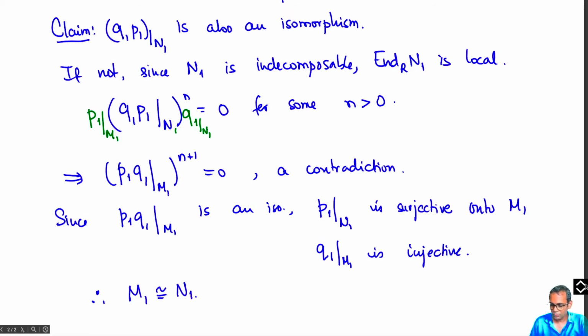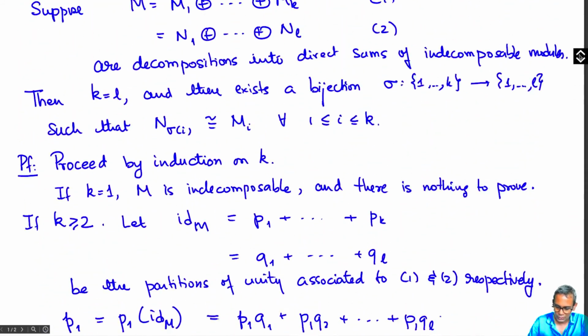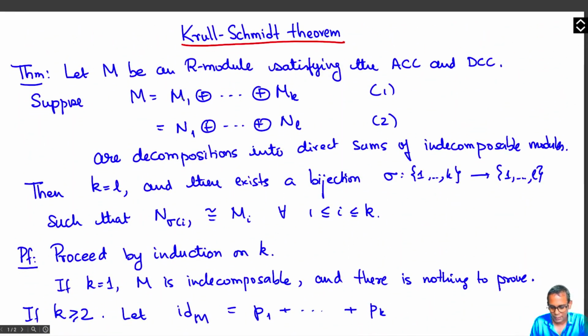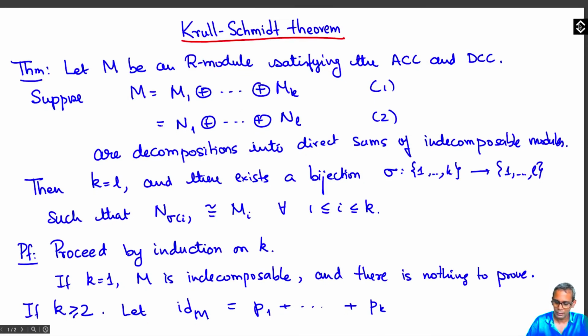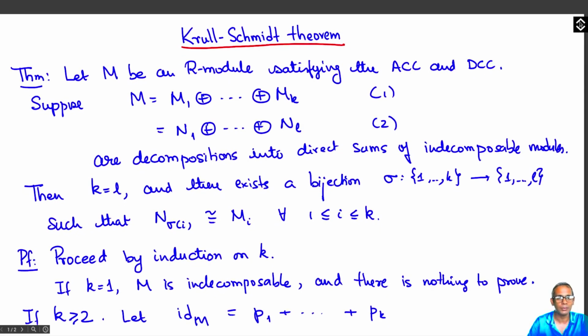Okay, so from these decompositions, we've been able to pick out one summand from the first decomposition and one summand from the second decomposition that are isomorphic. In fact, we just renumbered the second decomposition to make that the first summand. So we have that M1 is isomorphic to N1.